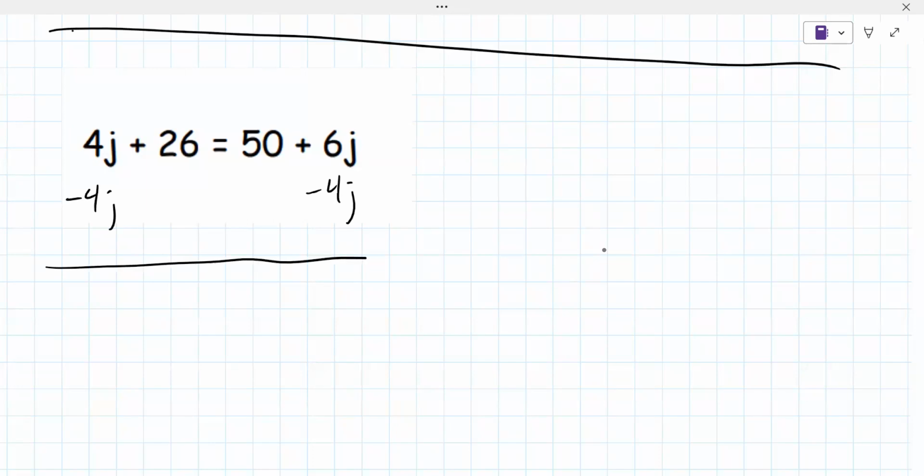Good. All right, so on the left, we'll bring the 26 down. On the right, it's 50 plus 2j. Yeah. 26.